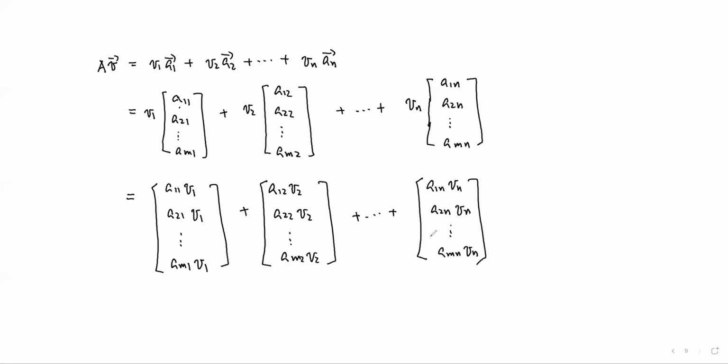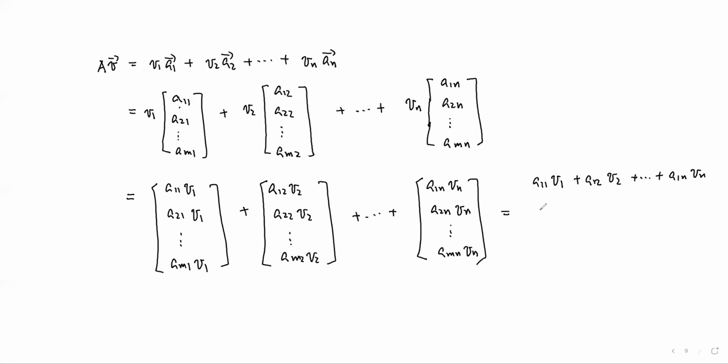Now I sum up all the vectors by adding corresponding entries. So the first entry, make a sum: A11 V1 plus A12 V2 plus A1n Vn.